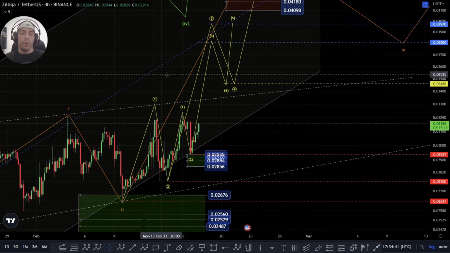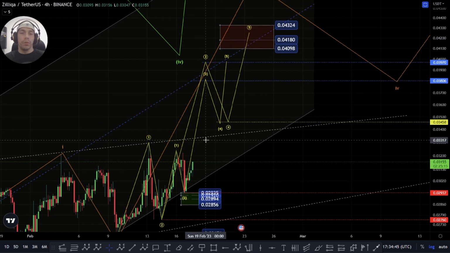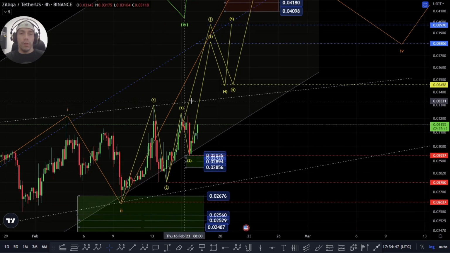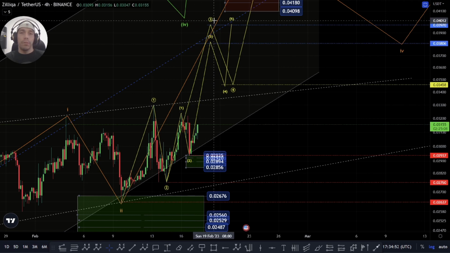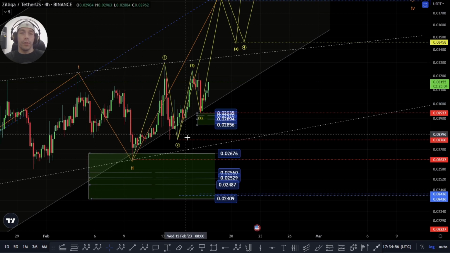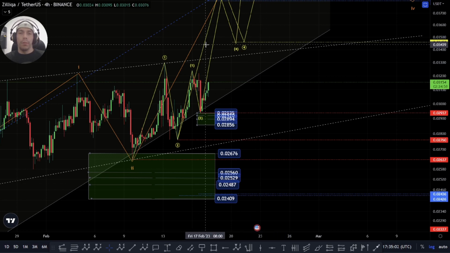So, you know, there is still this possibility we could see this extension. The key zone here is going to be this top channel line for sure, and then whether we manage to break up higher here, because like I said, this is very corrective. We could still be within a B wave here where we take this high, and then we look to break down one more time with a 5-wave structure.